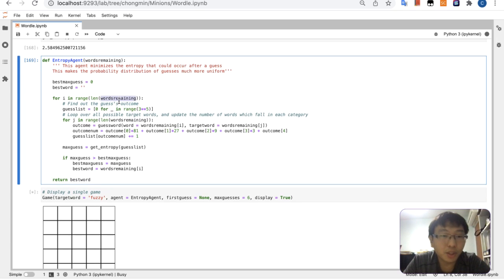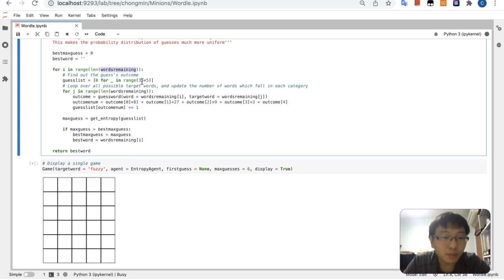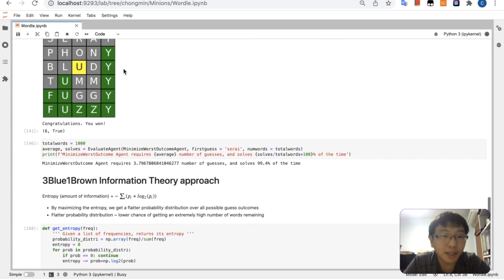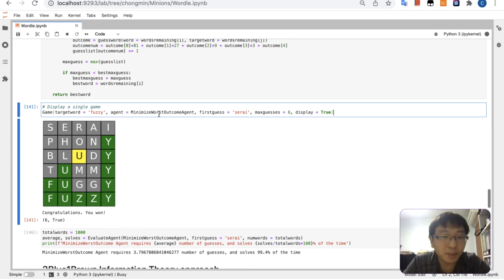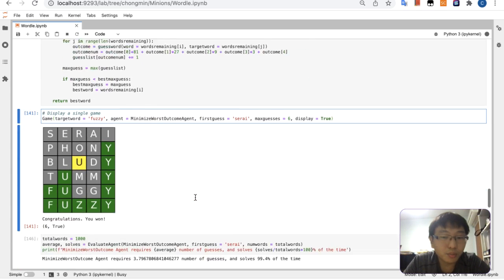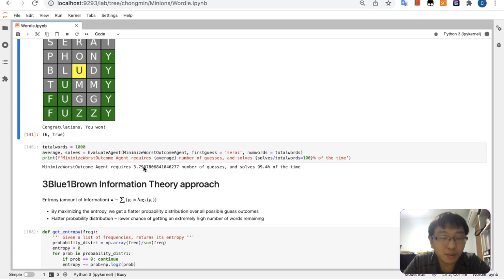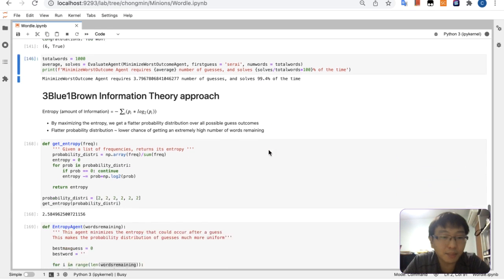But for now, we just assume that we like to play hard mode, and these are the words remaining that we can use to guess, which means we only can guess words that match whatever we have before. Maybe that's why the minimized worst outcome agent couldn't get all of it. Maybe it solves 99.5%. Maybe we have to make it not play in hard mode. Then it might solve 100% of the time.